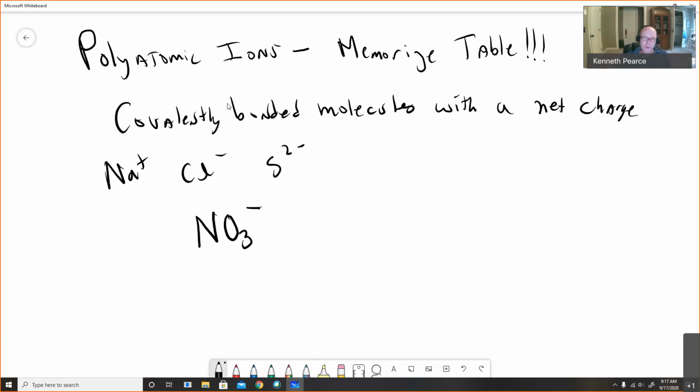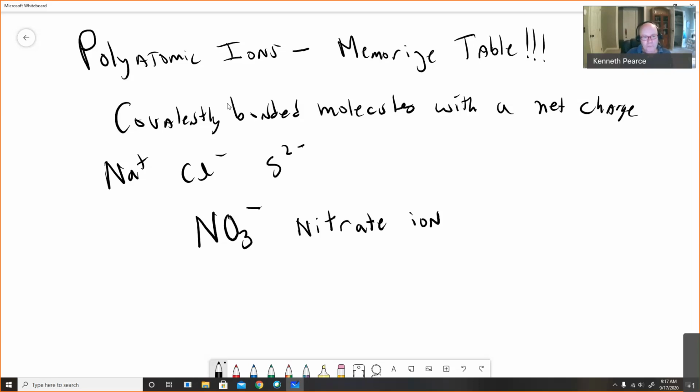This is a molecule with a net charge. And we have to memorize that list. And this one, just to say the name, because we're going to do naming very shortly, is called the nitrate ion.